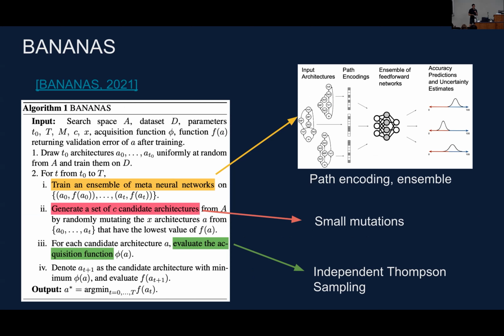I would expect that at the very least the path encoding would change, because I have intuition that it works better for smaller cell-based search spaces, but not nearly as well for other search spaces. So probably something safer like adjacency encoding would do better. Let me think. Since this work, there are other works that show boosted trees are a better model. So I guess that is also slightly outdated. But I think the final two, small mutations and Thompson sampling, those still would hold up well. Yeah, good question.